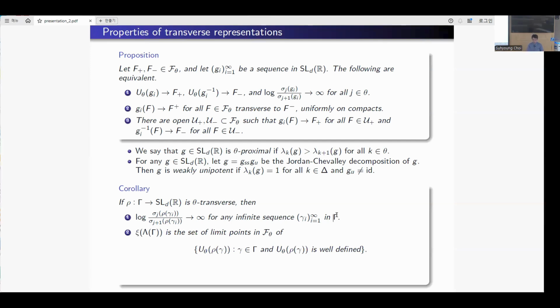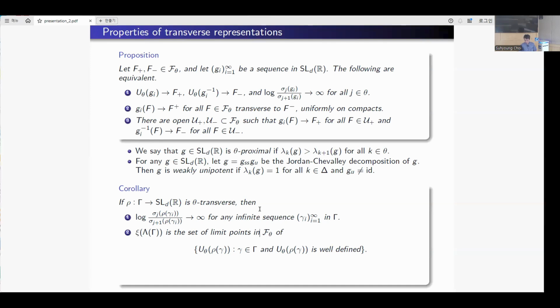Notice that as a consequence of condition 1, u_theta(rho(gamma)) is unique for all but finitely many of the gammas, because my singular value gaps are all going to infinity. So aside from finitely many elements in the group, my u_theta(gamma) is well defined. So this is an infinite set, and I'm looking at the set of limit points of this. That's what C of Lambda_gamma looks like. That's again a consequence of this proposition.